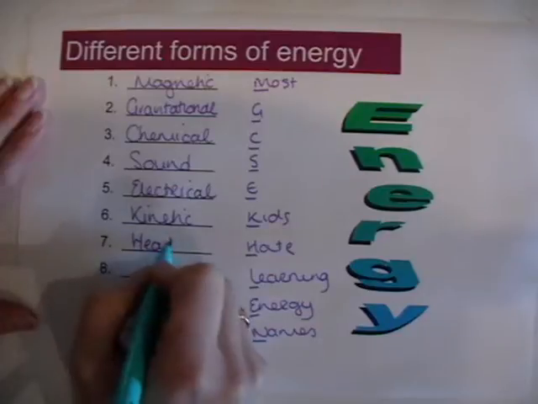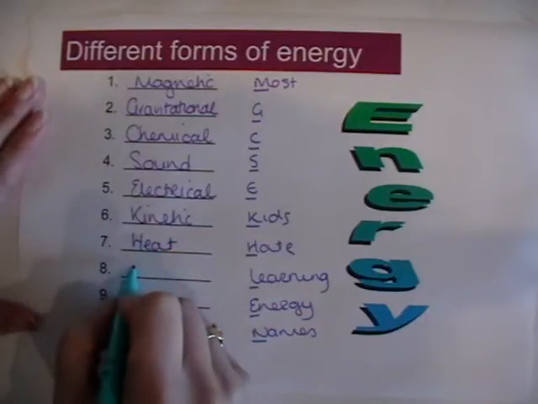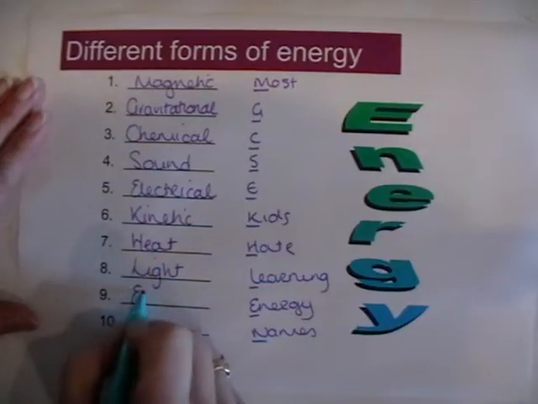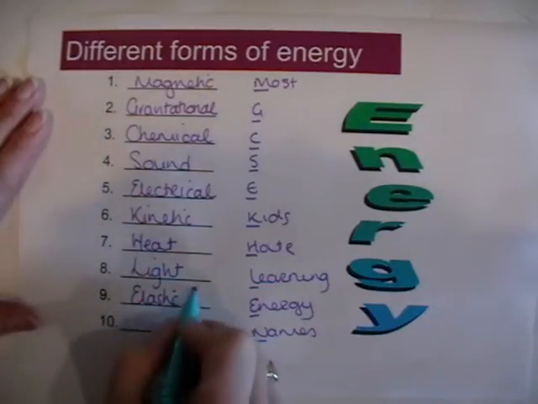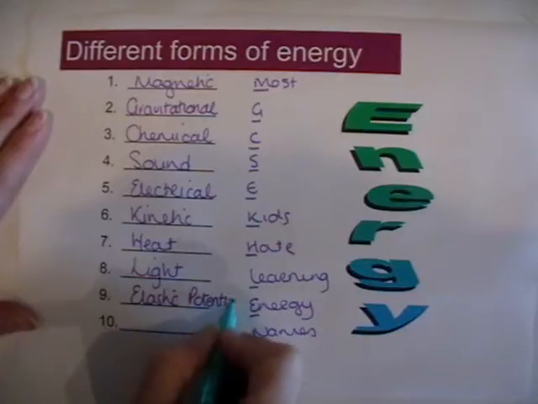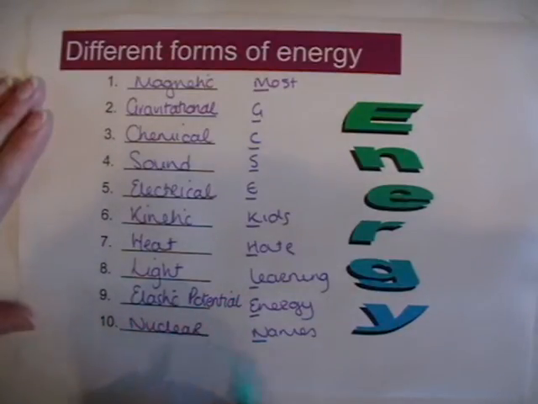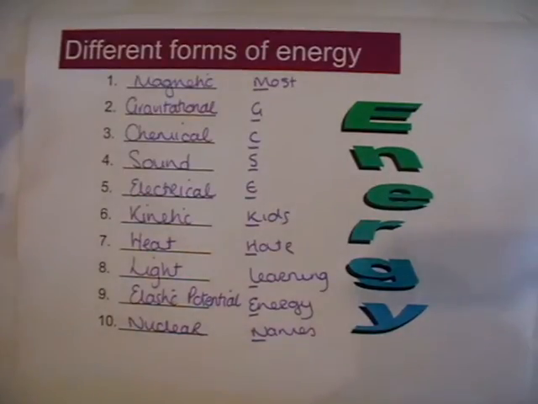H is for heat. L is for light. E, again, is elastic potential. And N, the final one, is nuclear. So most GCSE kids hate learning energy names, and that will help you to identify the 10 forms.